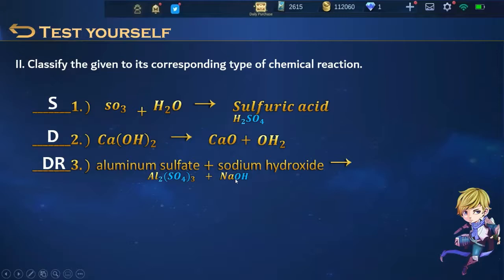And sodium hydroxide, NaOH, is the formula. And to get the product, aluminum is partner na siya sa hydroxide. Aluminum hydroxide plus sodium sulfate. Cation plus anion. And then cation plus anion, switch partner, therefore.